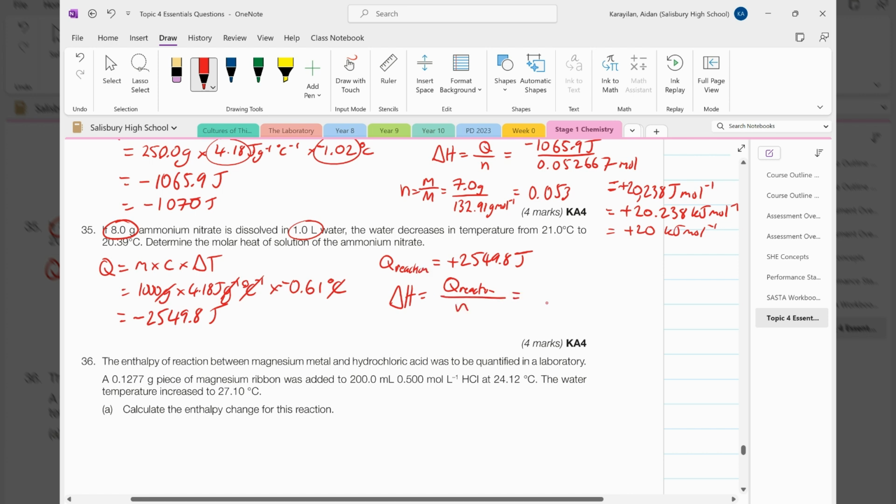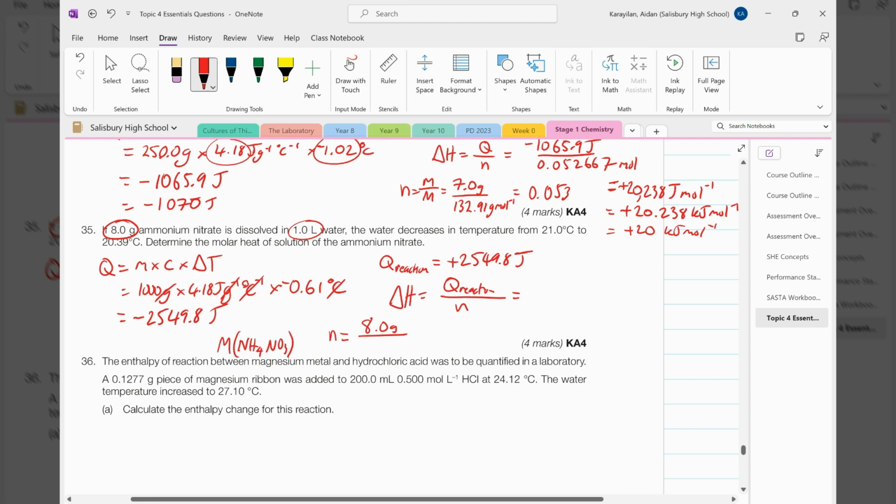and n is equal to 8.0 grams divided by the molar mass of ammonium nitrate, NH4NO3. So I'll find that out.